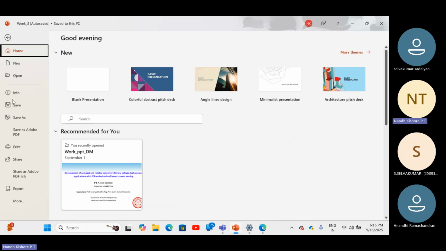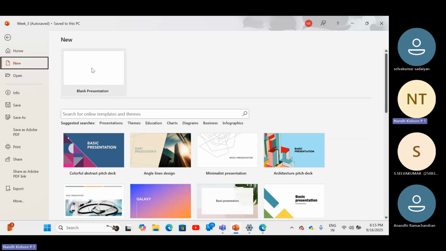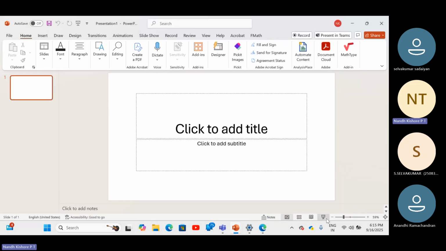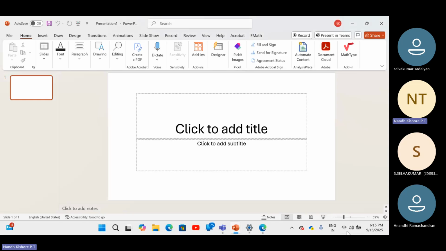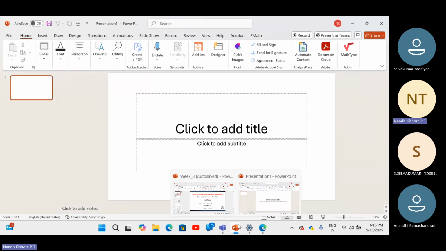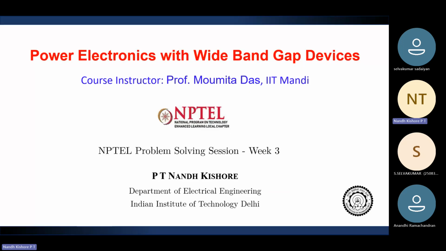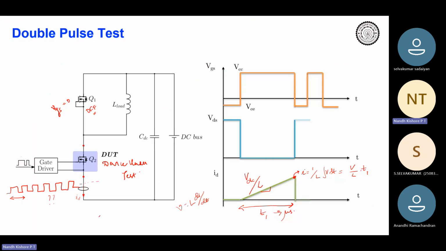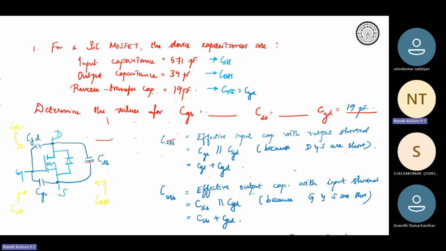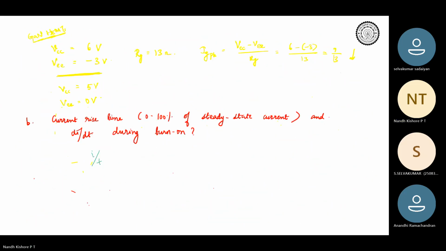After we computed all of that, we jumped into how we compute the switching losses. Till last week it was about switching behavior and switching characterization.